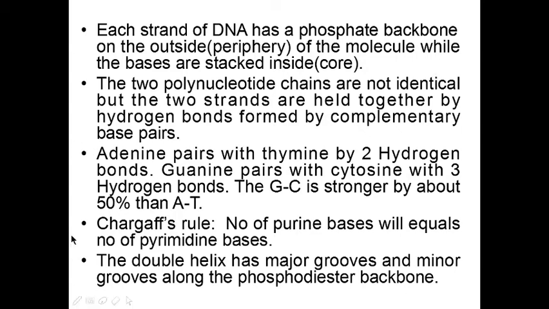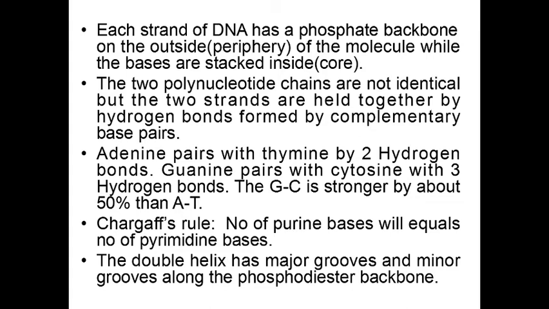Adenine always pairs with thymine and guanine always pairs with cytosine. The ratio of purine to pyrimidine bases in a DNA will always equal 1, that is 1 is to 1. That rule is called Chargaff's rule, discovered by the scientist Erwin Chargaff.